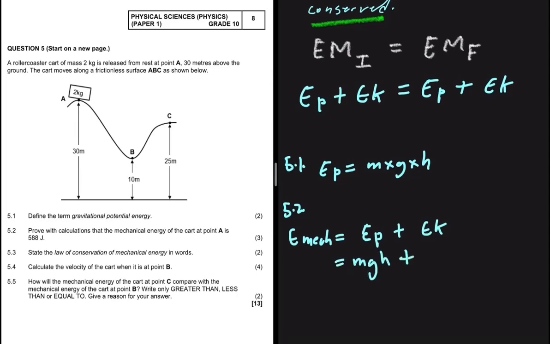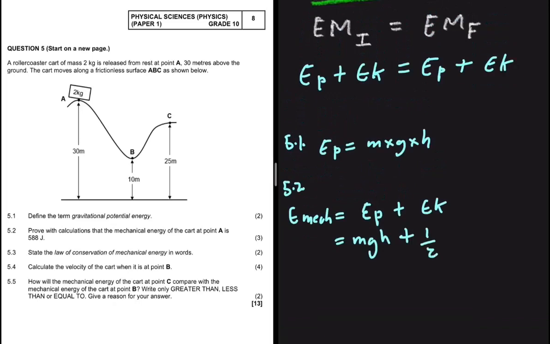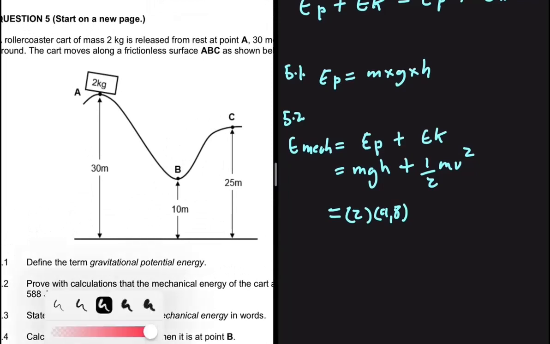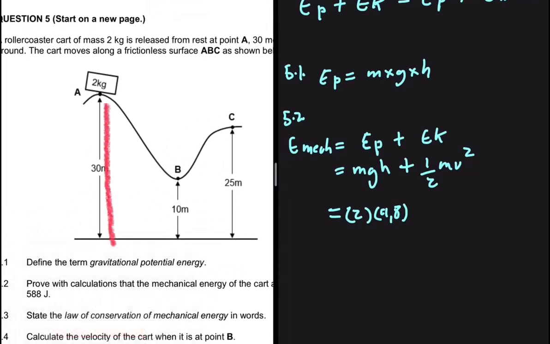And then the kinetic energy on the other hand is half mass velocity squared. So what is the mass of the object? That is 2 kgs. Gravity, the gravitational acceleration, that is a constant 9.8 multiplied by a height. So at point A, we have a height of 30 meters. So we're going to have 30 right here.